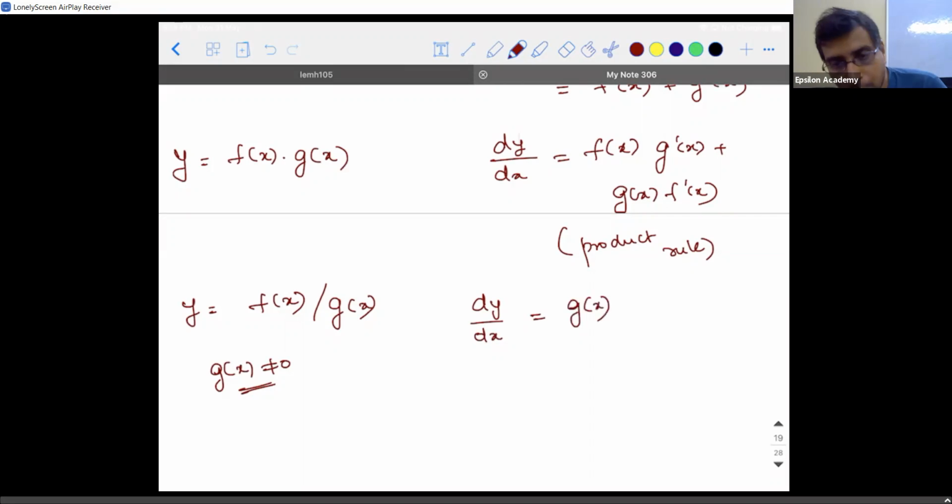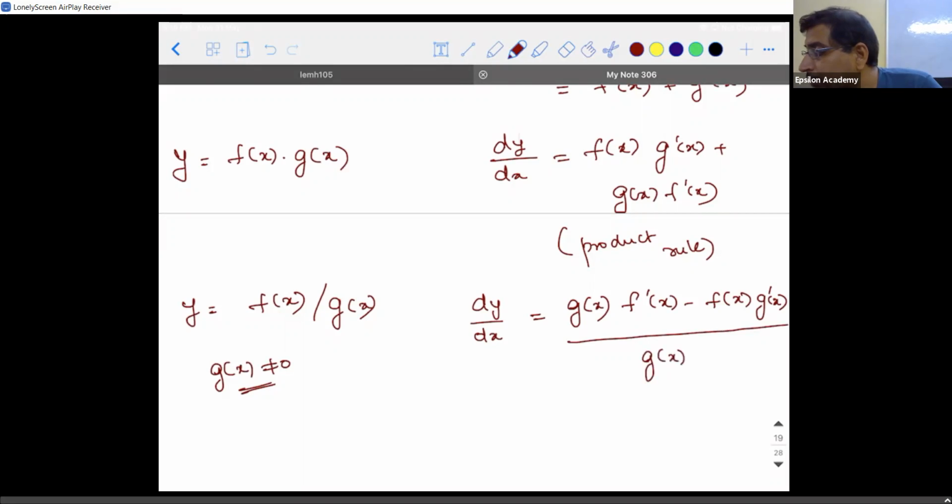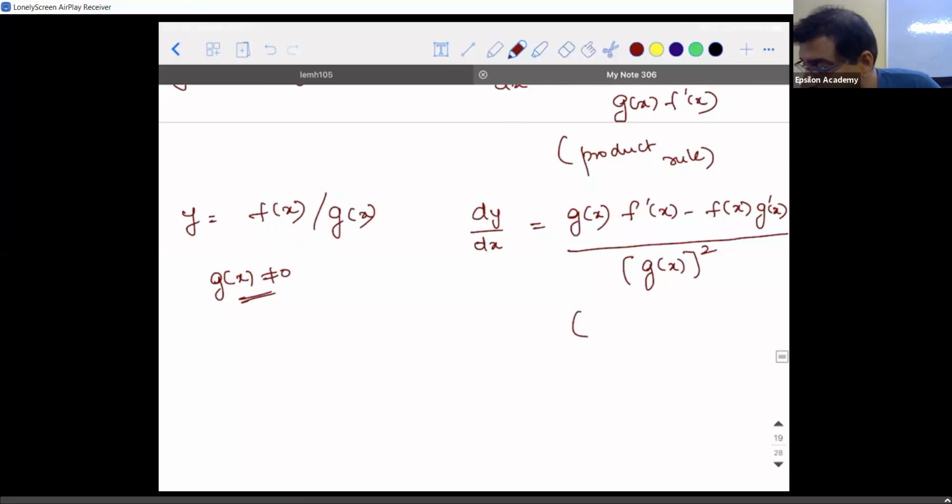It is g of x into f dash of x minus f of x into g dash of x, the whole divided by g of x, the whole square. What is the name of this one? It's called the quotient rule.